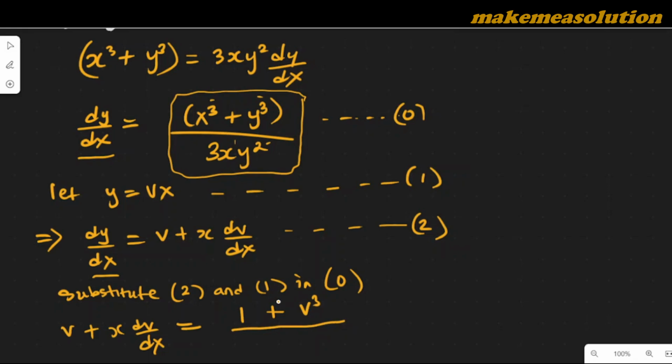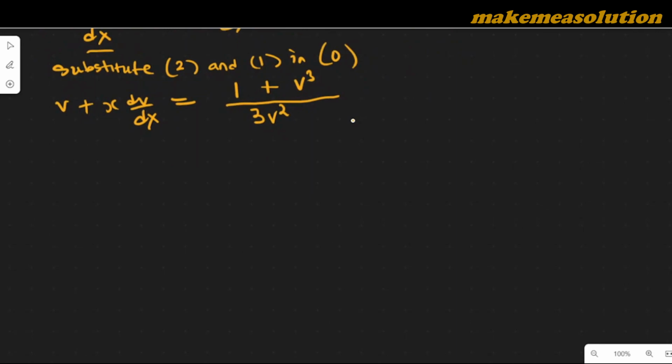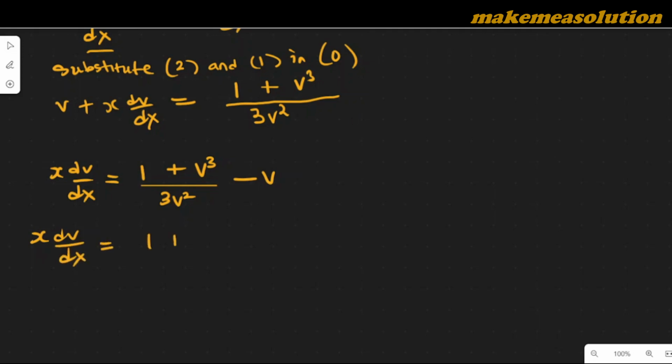Then I now have 3. x is 1, 3 times 1, 3. Then y is v, and that's v squared. Is that okay? So this is the simple way to transform it. So we now have x dv dx is equal to 1 plus v cube all over 3v squared minus v. So x dv dx is equal to 1 plus v cube all over 3v squared minus v into 3v squared.